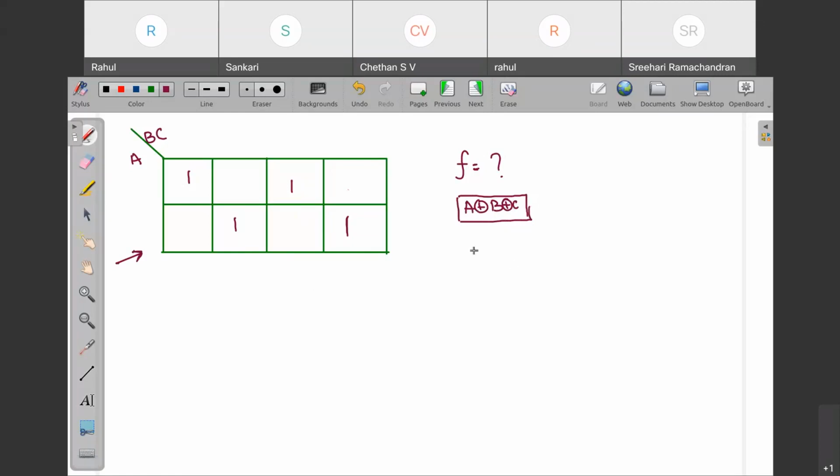Now if I ask you what will be the KMap for A XNOR B XNOR C, how will the KMap look?